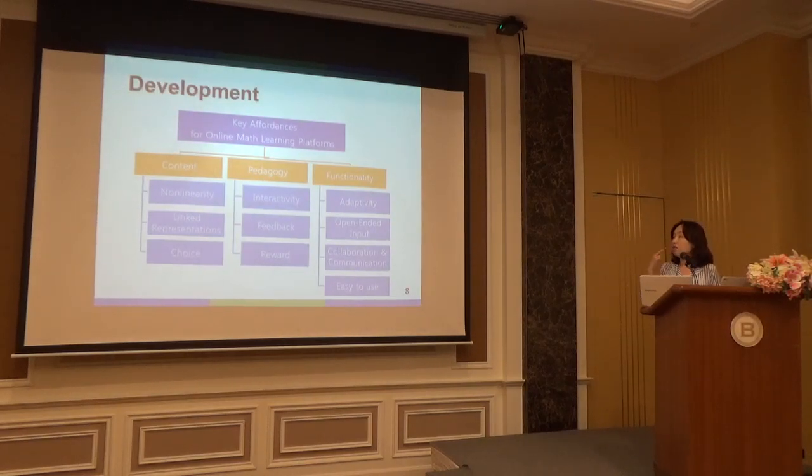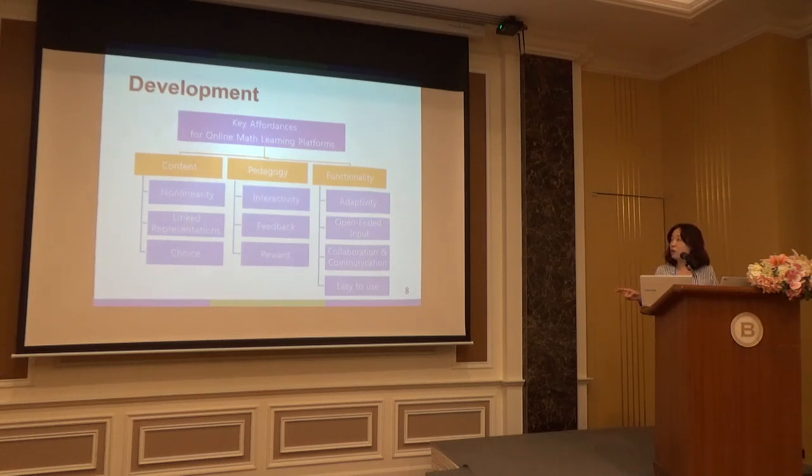This is the visual representation of the affordances that we thought would be critical to think about when creating an educational platform, based on a review of literature. The set of affordances was classified into 3 categories: content, pedagogy, and functions. And a total of 10 specific elements were generated.